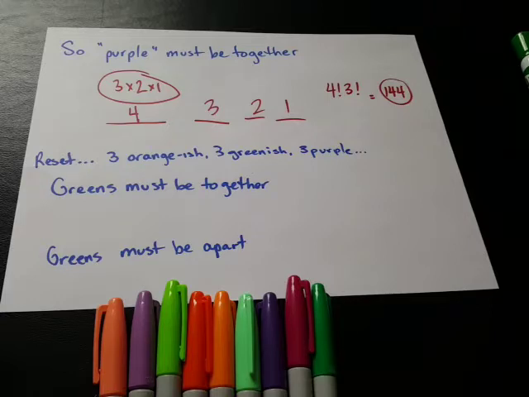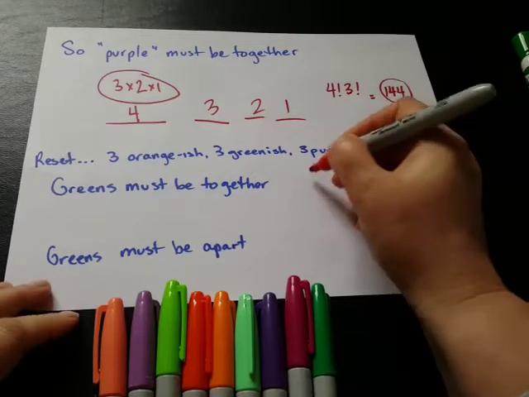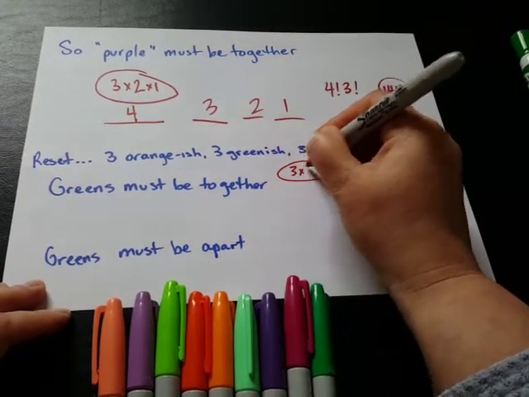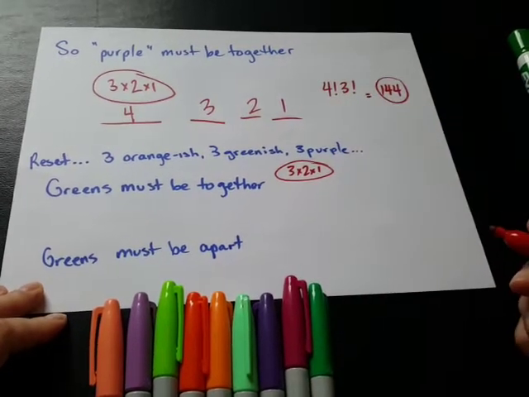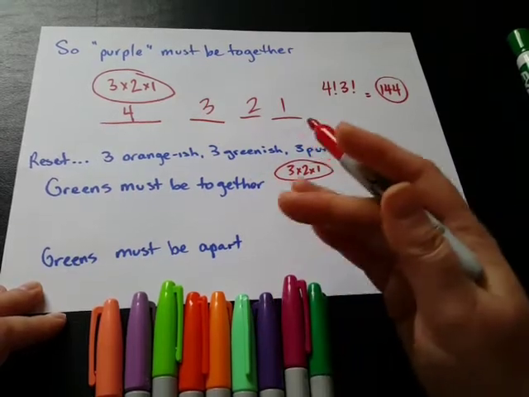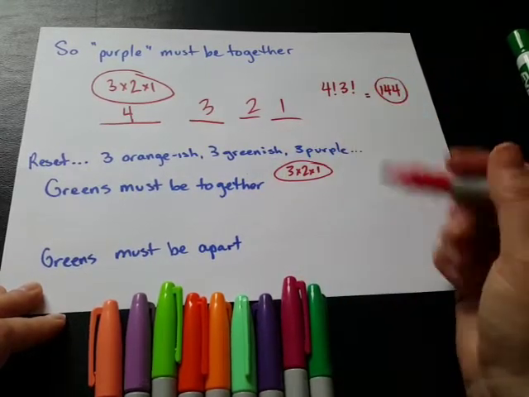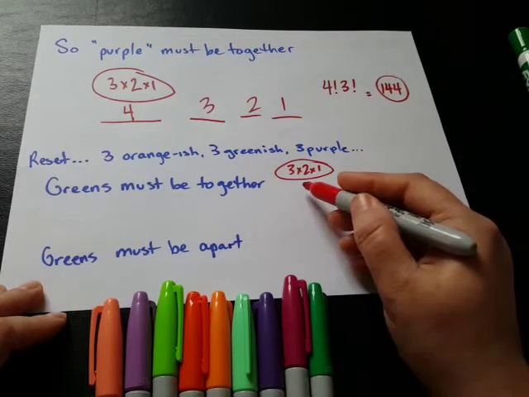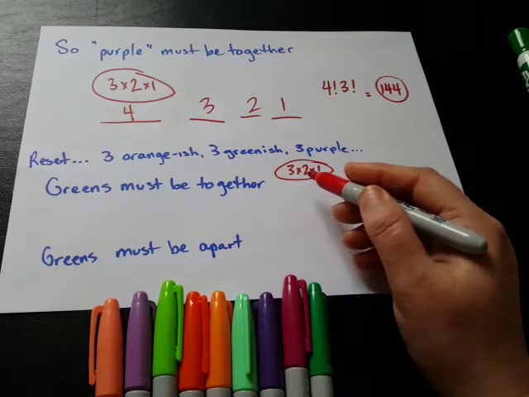So if we want to arrange them where the green ones are going to be together, we see that there's 3 green markers. So they could be arranged within their chunk as the 3 factorial. Any of the 3 first, then 2, then 1. But that's just one option out of the whole group.